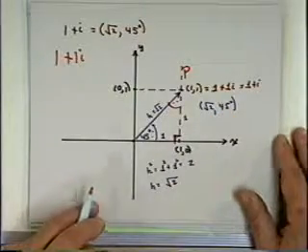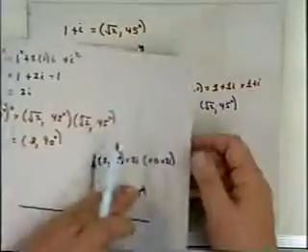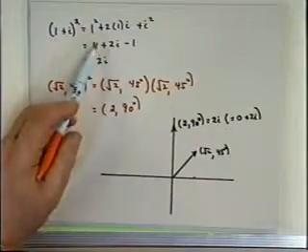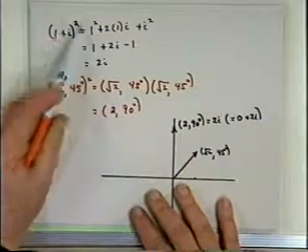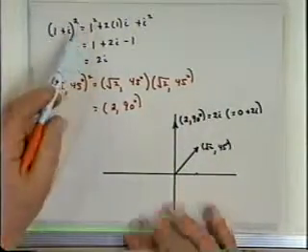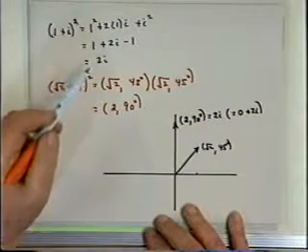Now what I'd like to do is I would like to square this number two ways. The first way is the way that we would do this if we were looking at the complex numbers as being an extension of the real numbers. Didn't we already learn the formula for squaring the sum of two numbers? Wasn't it the first number squared plus twice the product of these two numbers plus the square of the second number?